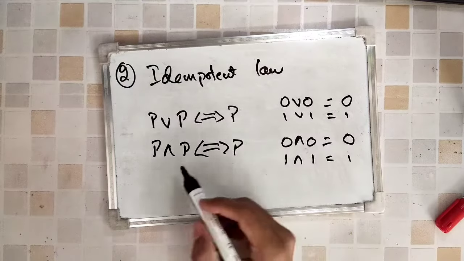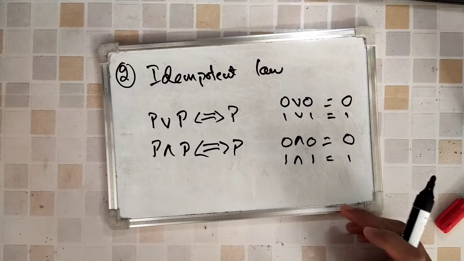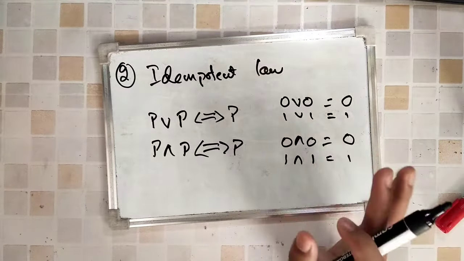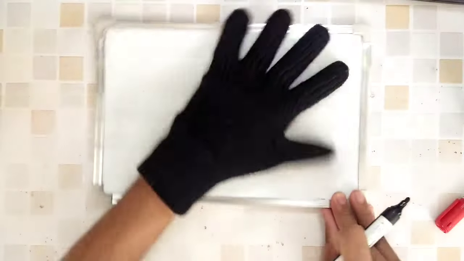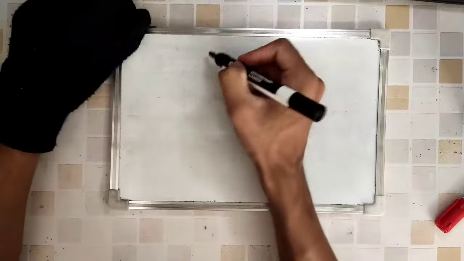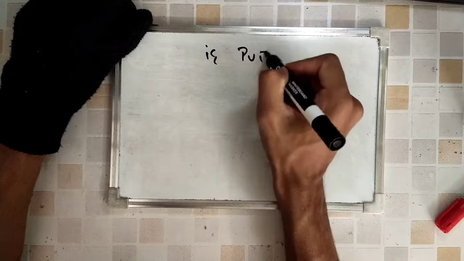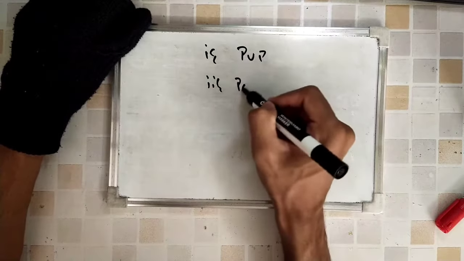You have to make a truth table, and suppose they ask you, this is a confirmed question by the way, they might ask you to explain all the laws of logic. So you have to write the laws of logic and what the law is. The first one was p or p, the second one was p and p.